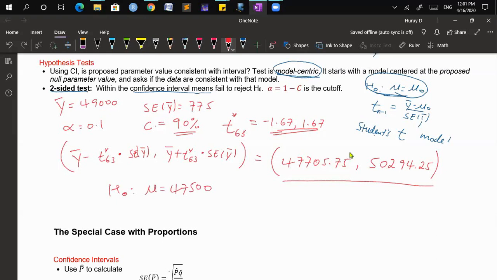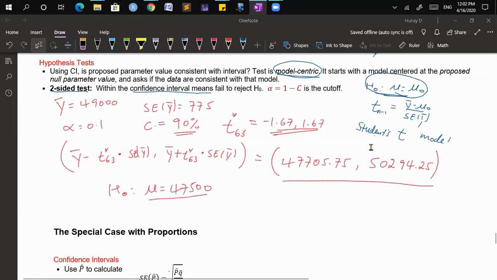Now, we're not following the hypothesis testing procedures. We're not using the p-value. I will just use this confidence interval, which is from our data. With 90% confidence level, the population mean of the specific university falls within this interval. So can we say our data is consistent with this model, with this null hypothesis?